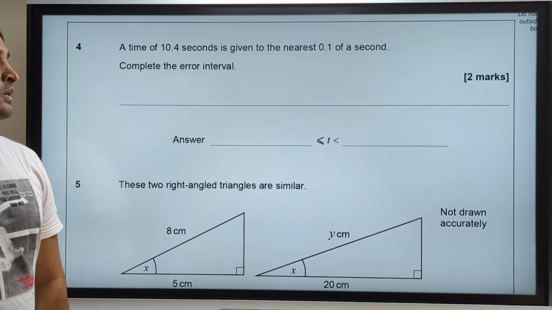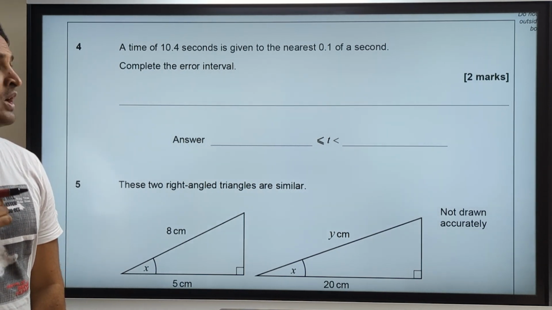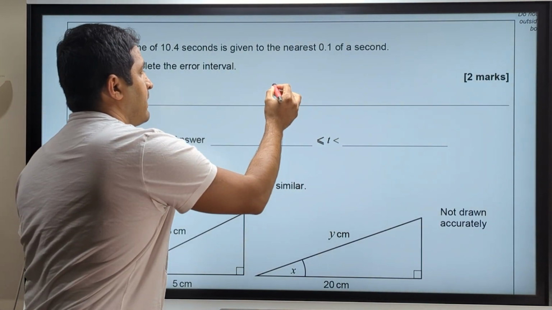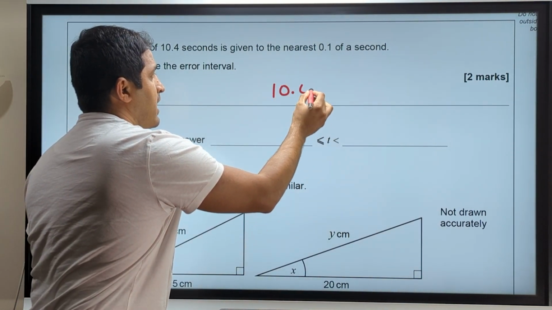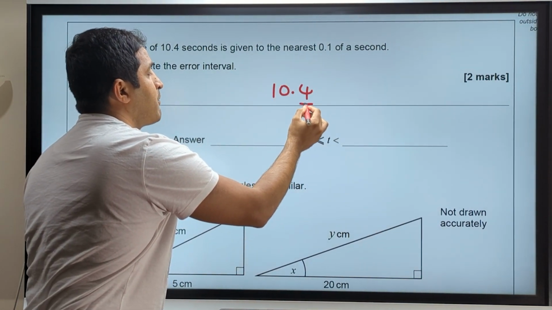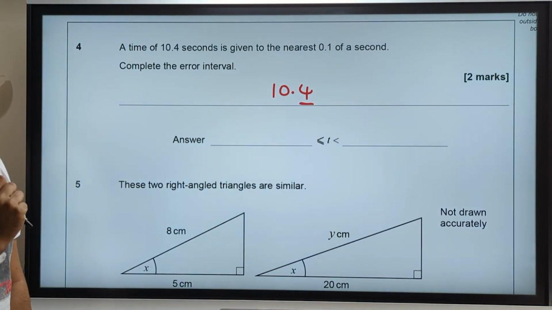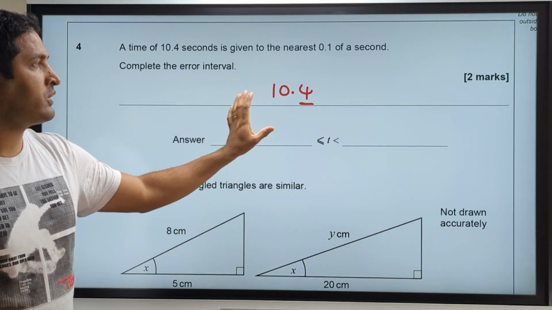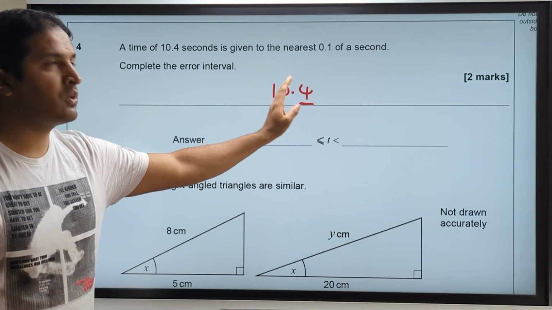10.4 seconds is given to you to the nearest 0.1 second. Complete the error interval. So that means I round some number and it rounds to 10.4 at one decimal place. So we want to look for what numbers round to 10.4.